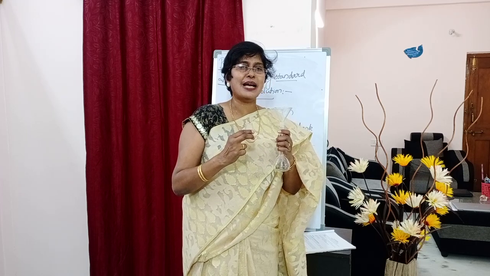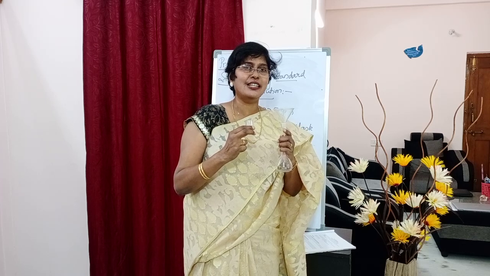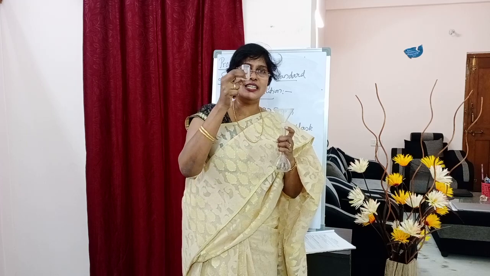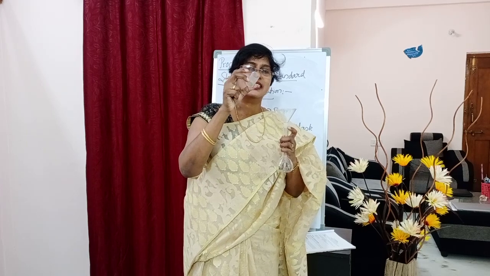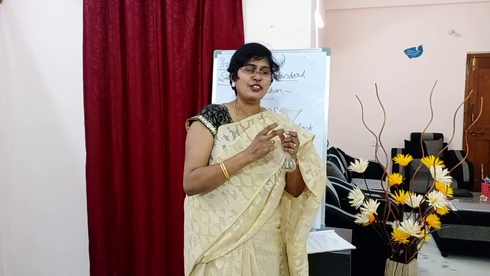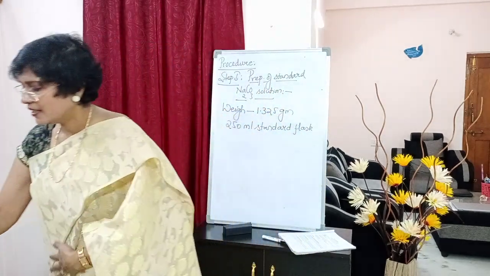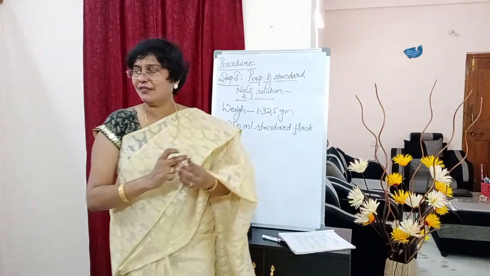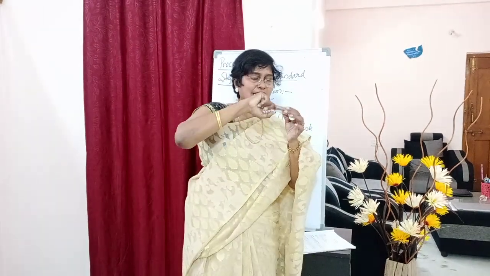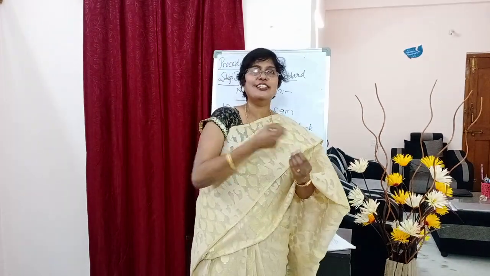So one bad habit generally we will be having. What is that bad habit? You know, students, all the substance will not come from this weighing bottle into this funnel. So what we do? Immediately, the bad habit that we have is, we use the finger and try to remove the substance from the weighing bottle.